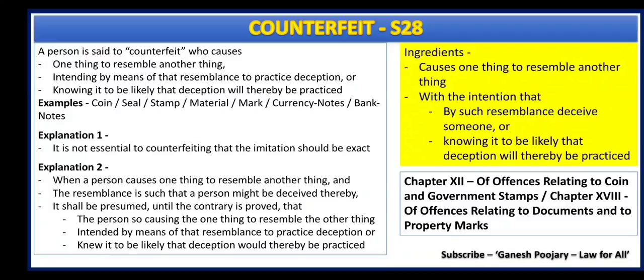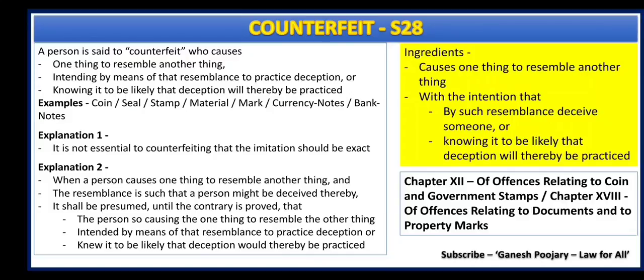All these can be counterfeited. Now there is one such coin or seal or stamp already available, and this person is creating another thing which is resembling the same thing. For example, you have one 10 rupees coin and this person is creating another 10 rupees coin by himself.